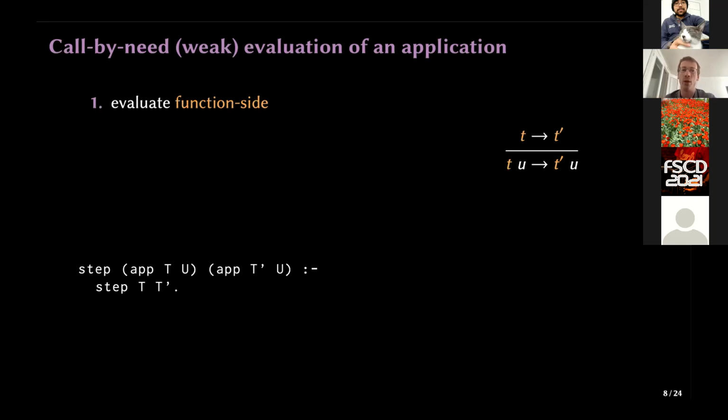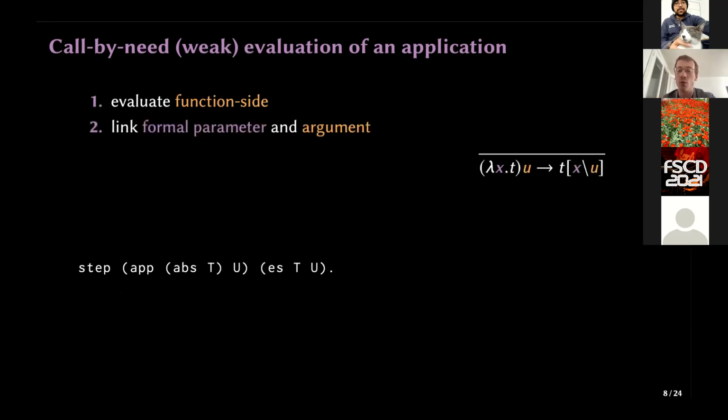Once the function side is evaluated and we get a function on the left, we can establish a link between the variable x of the function and the argument u. So this link here takes the form of an explicit substitution. We could also use a let, this is exactly the same thing. And we have this new syntactic construct.